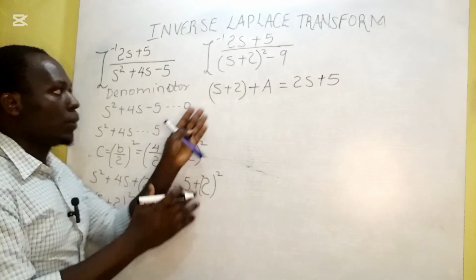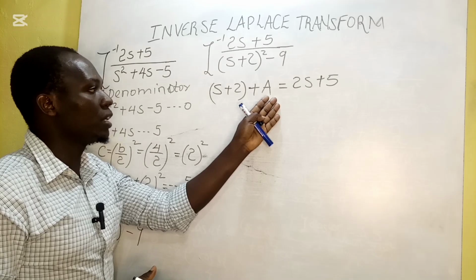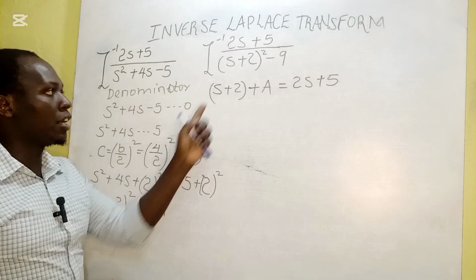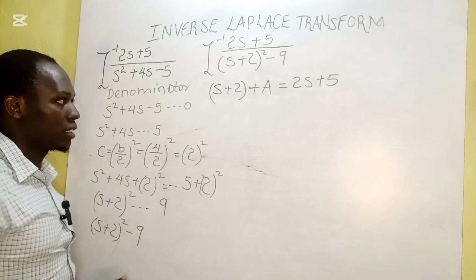We are relating whatever we are having on the denominator with whatever we are having on the numerator due to the shifting that is here.